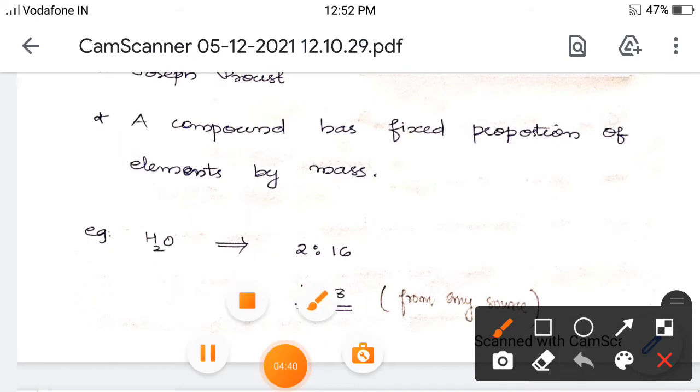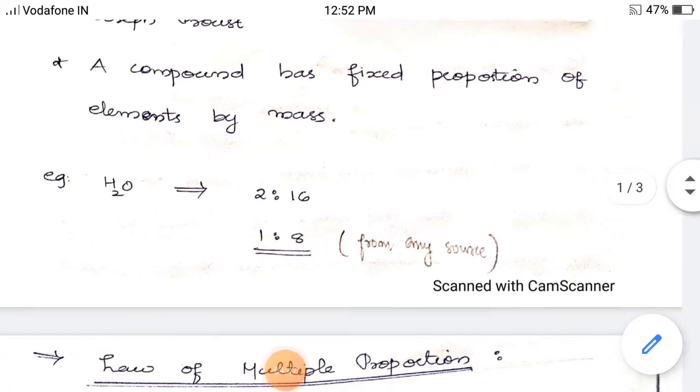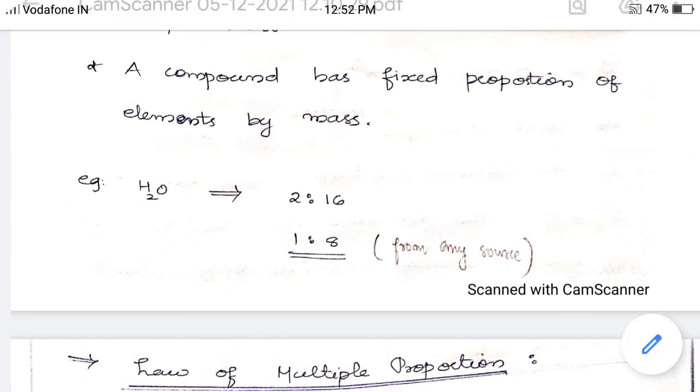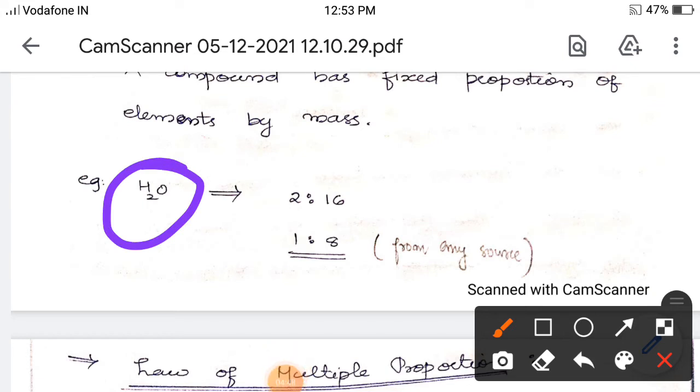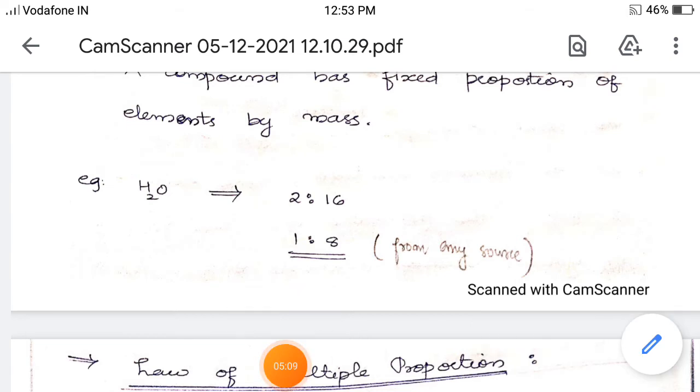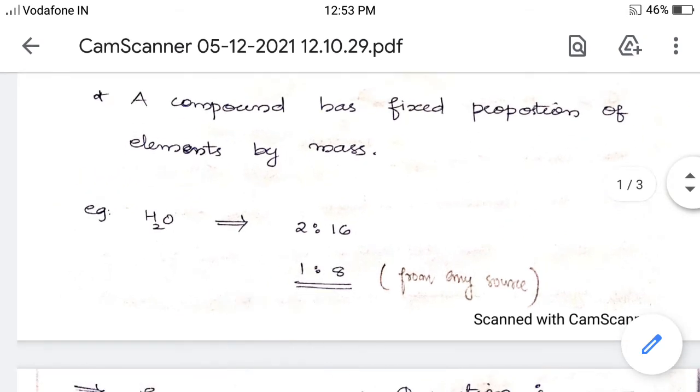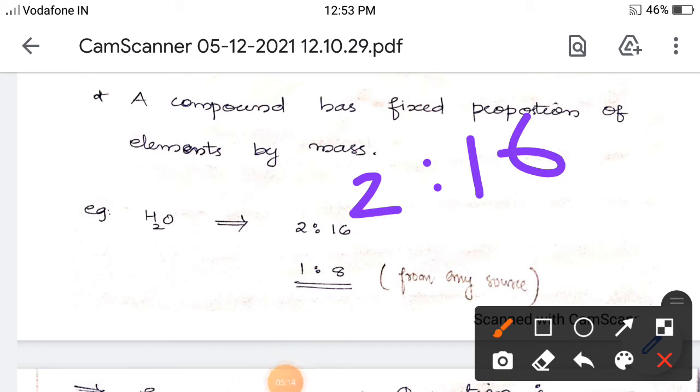If we take water from any source, the elements hydrogen and oxygen in this water, H2O, have their masses in a fixed proportion, that is 2:16, which in whole numbers is 1:8.